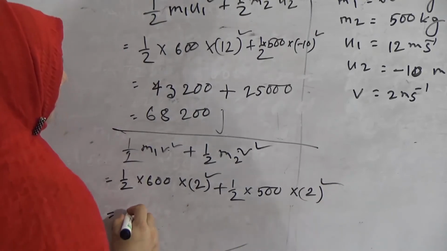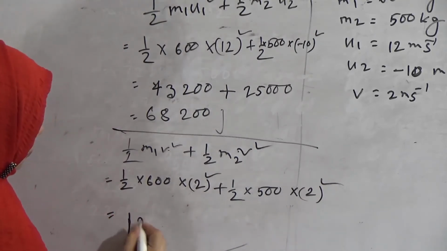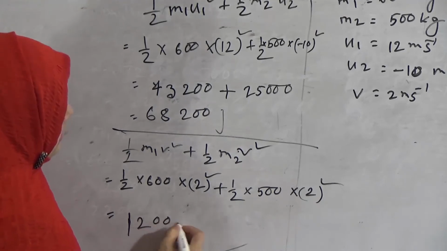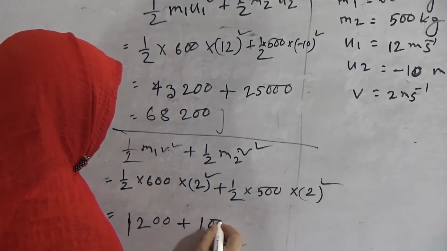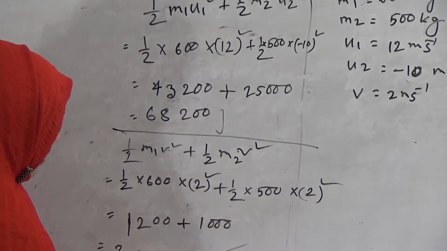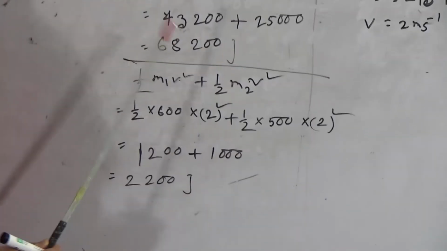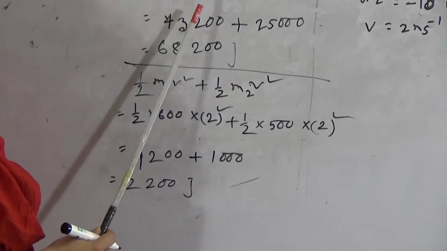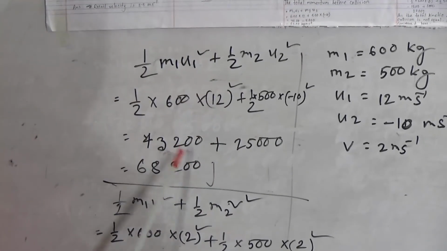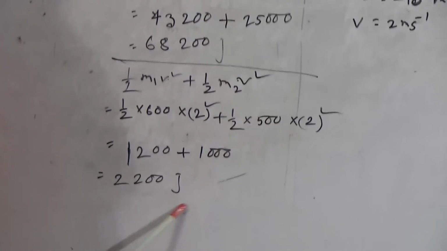So do this calculation, 1200 plus 1000, so 2200 joule.